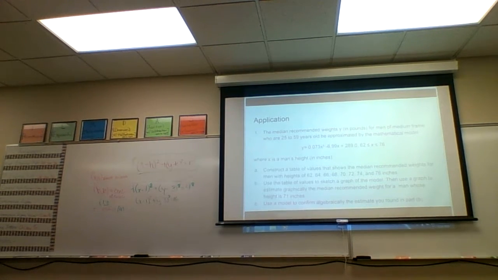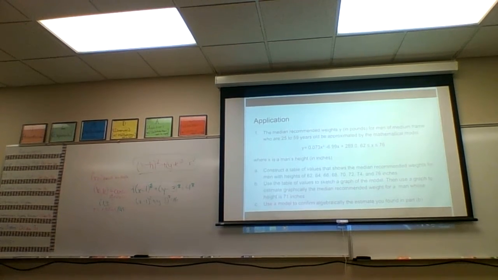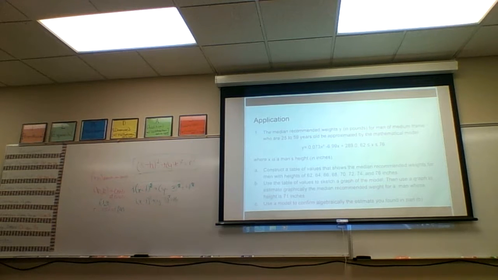It says construct a table of values that show the median recommended weights for the men that are 62, 64, 66, 68, 70, and so on. That would be a function table. Use the table of values to sketch the graph, and then use that graph to estimate how much a man that is 71 inches tall would have to weigh.